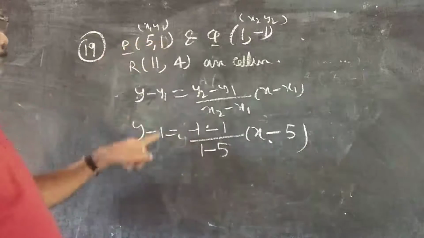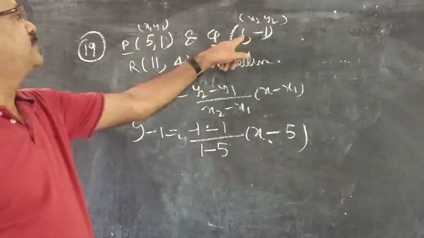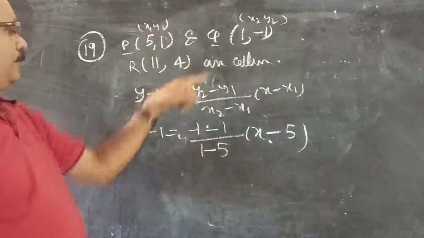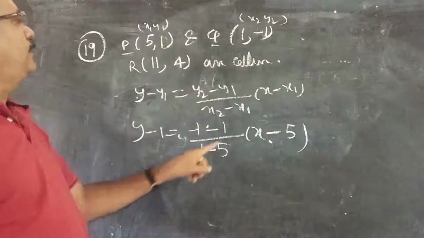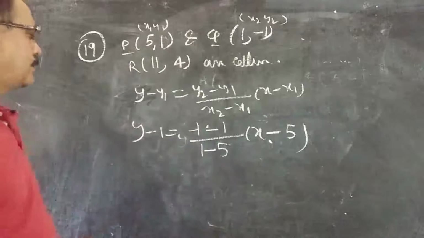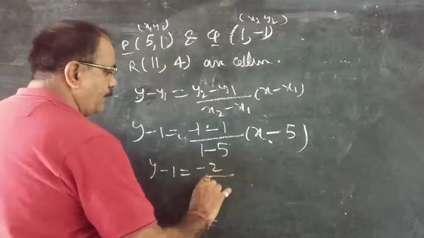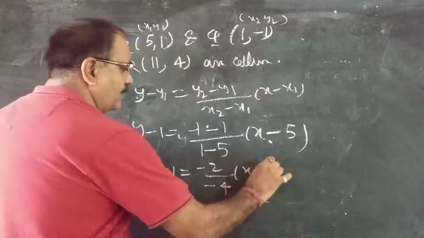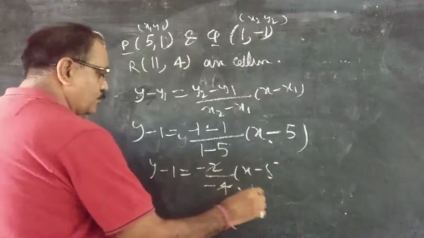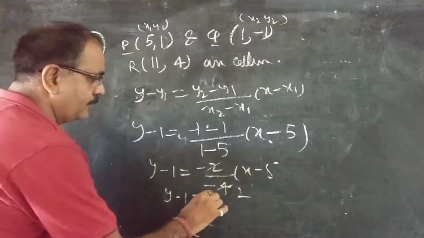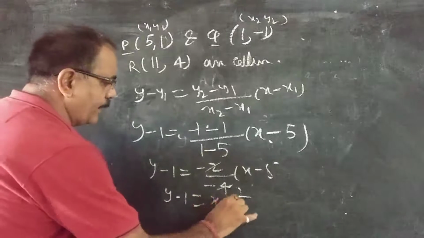So y minus 1 equals minus 2 by minus 4, times x minus 5. This cancels by 2. So y minus 1 is equal to x minus 5 by 2.